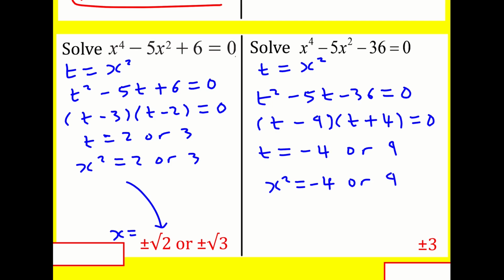But because we're only dealing with real numbers in A-level maths, we actually have to reject this one. We can't square a number and get a negative. It's not possible in the real number system. So we reject this one, and that's going to leave us x squared equals 9, which we then square root to give us plus or minus 3. Okay, so just be careful. You don't get the same number of solutions every single time.